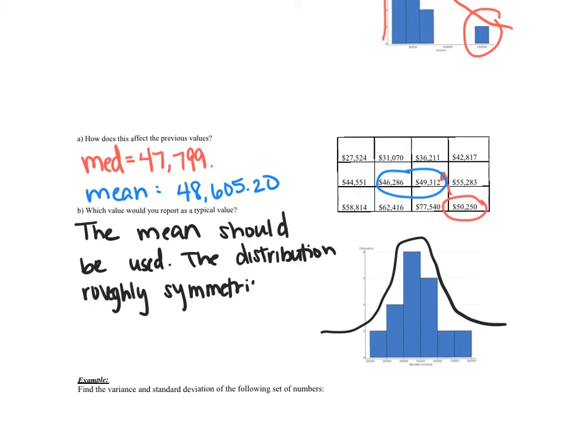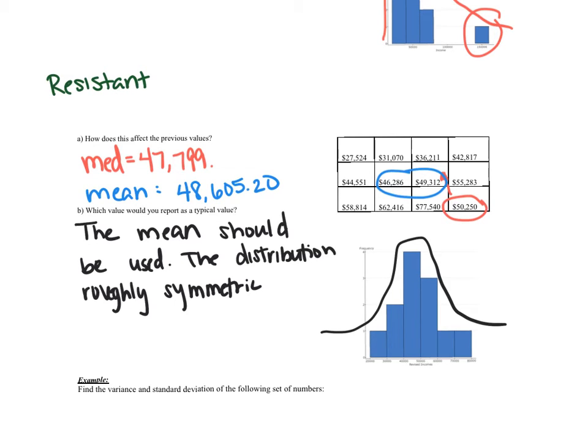And this gets us into what we call a resistant measure and a non-resistant measure. The word resistant in statistics means that a value is not affected by change.